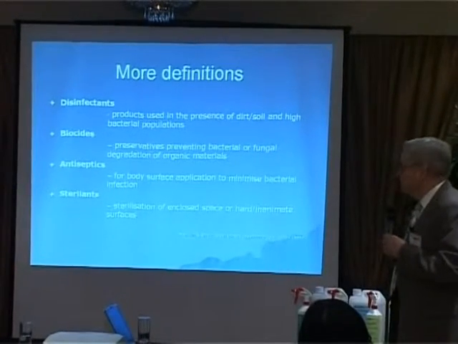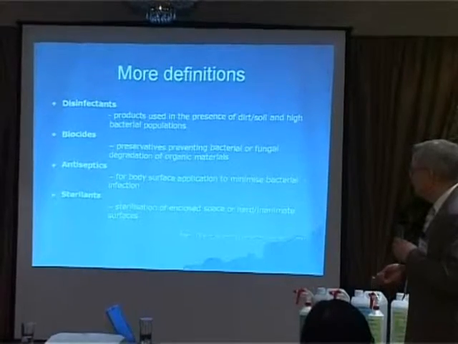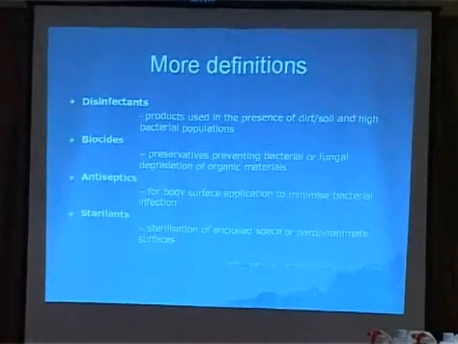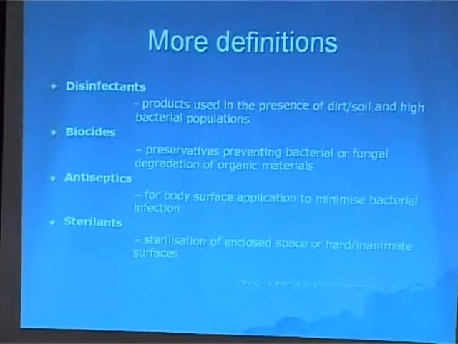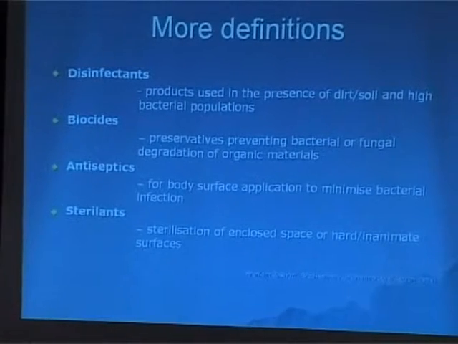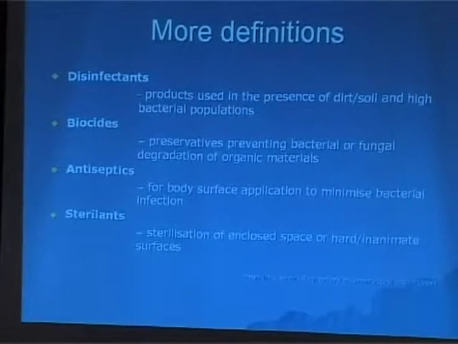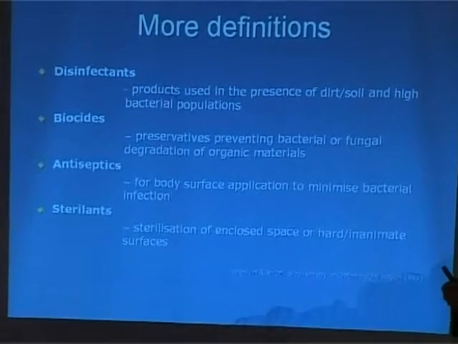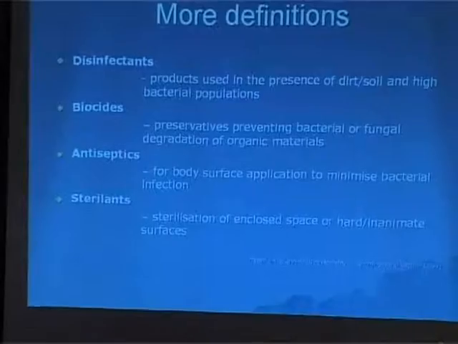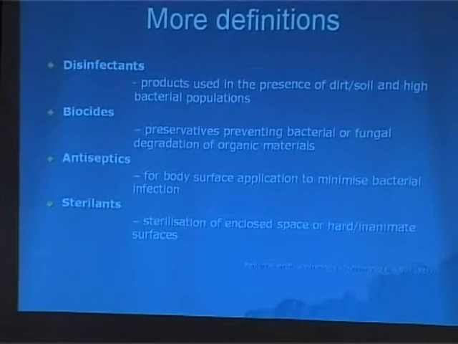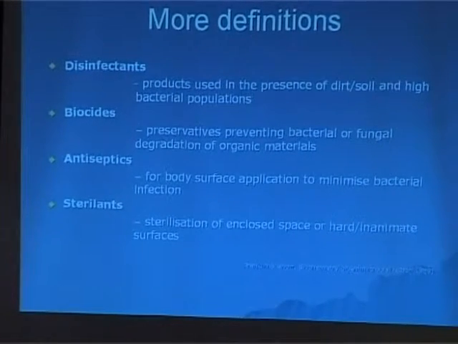Well, that's the EPA's look on the definitions. There are other definitions that you can use. A disinfectant is when you've got very, very high populations of bacteria or fungi and soil or dirt. Whereas biocides, this is a much more modern term. Essentially, these are any material that prevents degradation or putrefaction, particularly of organic materials. Not only food products, but wood and concrete.